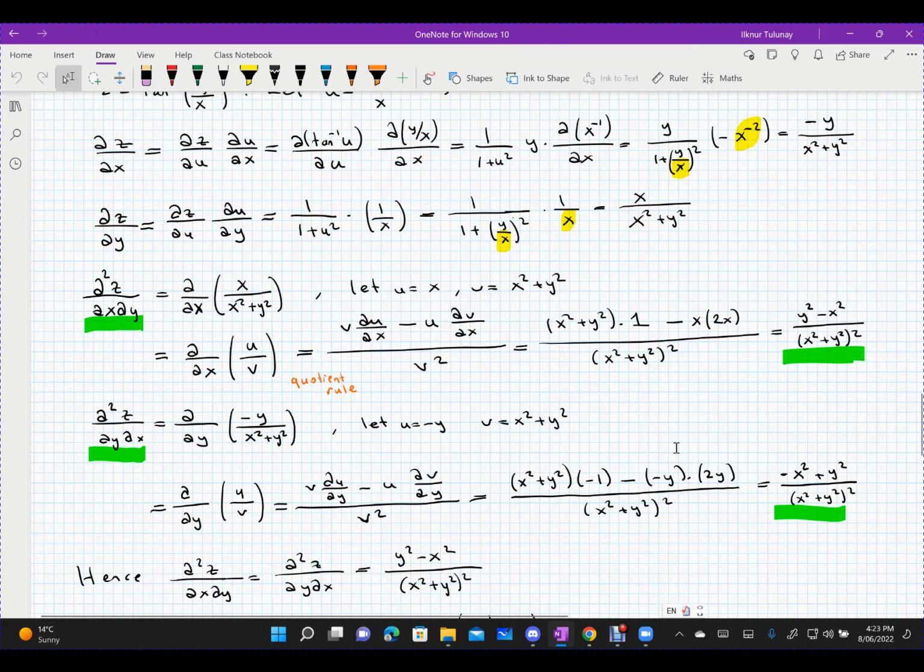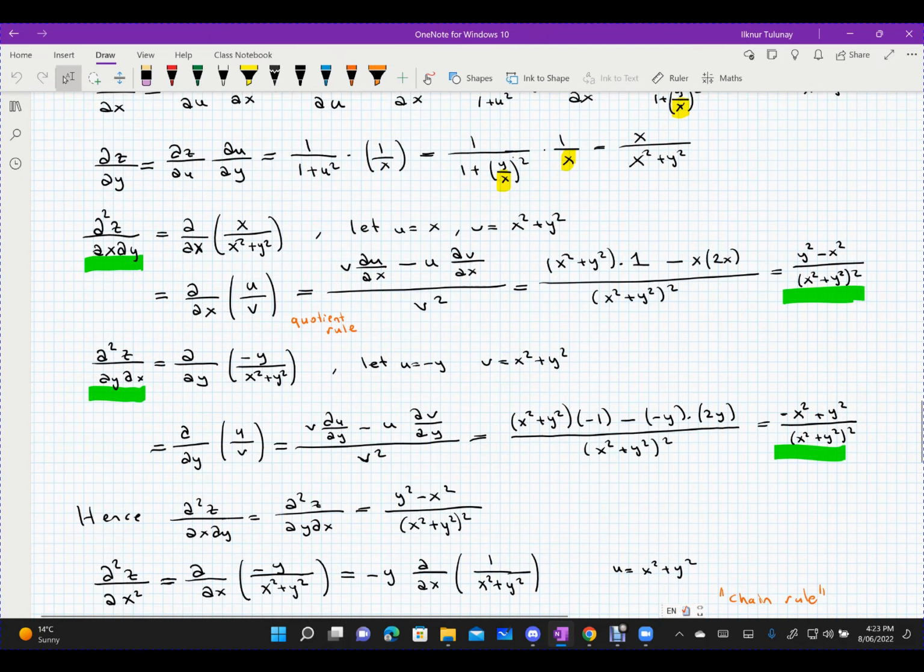And then you divide by v squared, which is x squared plus y squared, squared. Simplifying this numerator will give us minus x squared, and then you have a minus y squared here, but we have plus 2y squared there, then we have y squared there. As we see, these two expressions are the same, so that's what we wanted to verify.